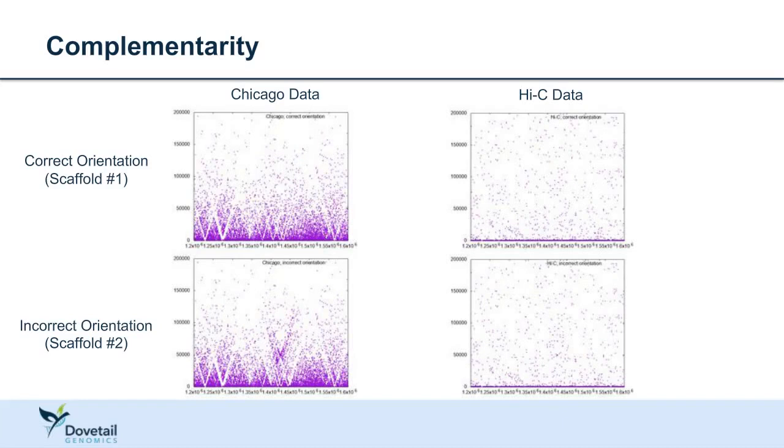But we wanted to know what happens if there's actually an inversion. So we artificially went into this scaffold and inverted a 50 kilobase contig within it. Now, I'm not sure whether you can see it with your eye, but I'll help you there. Can you see this pattern?